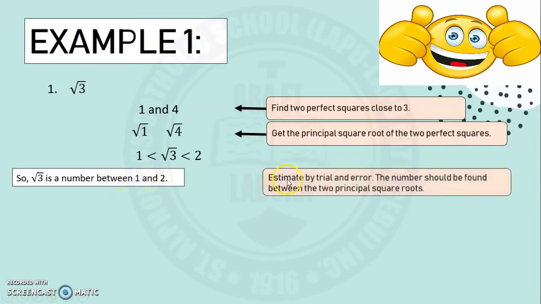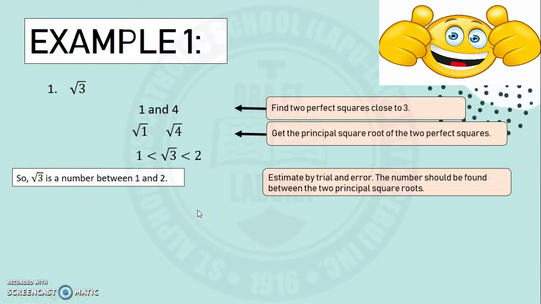Third step, estimate by trial and error. The number should be found between two principal square roots. So by trial and error means we need to think of a number that is found between 1 and 2 for us to solve the square root of 3. So we can think 1.1, 1.2, 1.3.